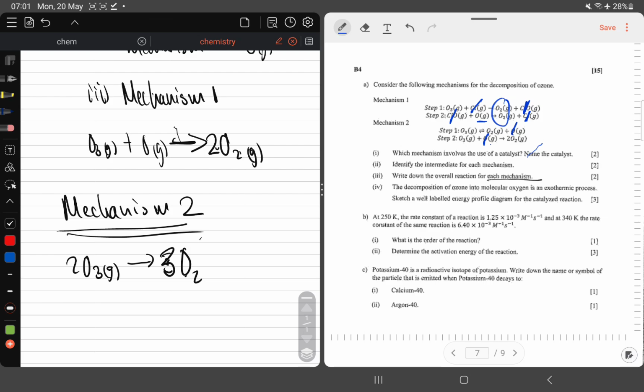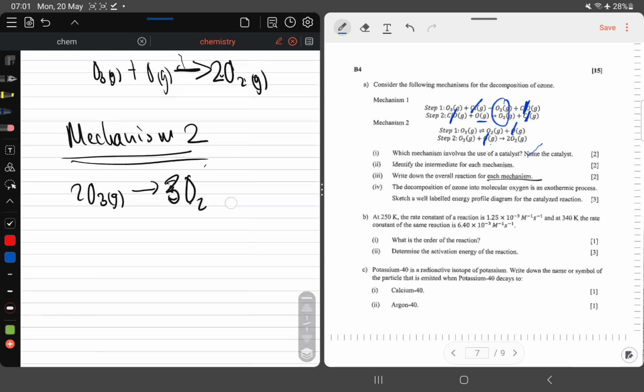We've written it down. And then part IV says, sketch a well-labeled energy profile diagram for the catalyzed reaction. So catalyzed reaction. So here they say the decomposition is exothermic. So exo means it loses heat like this, okay?